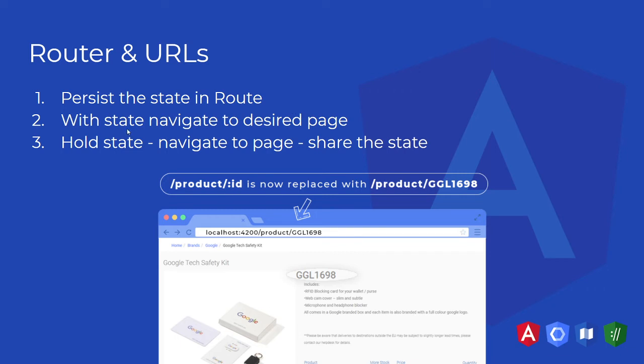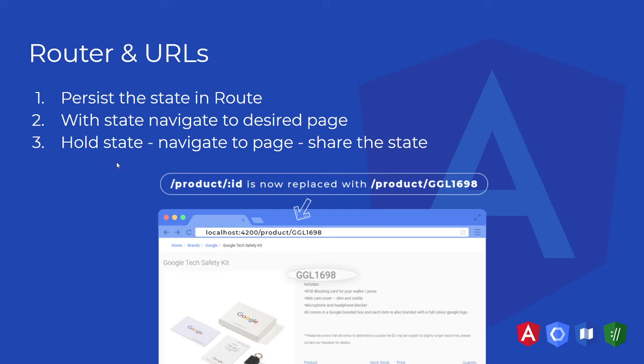So persist the data in the route with the state, navigate to the desired page, hold the state, navigate to the page, share the state. As you see, product/id is now replaced with a product. While defining the route you mention this with a colon id, so when you call that route and pass some id on it, it will replace it in the browser accordingly.